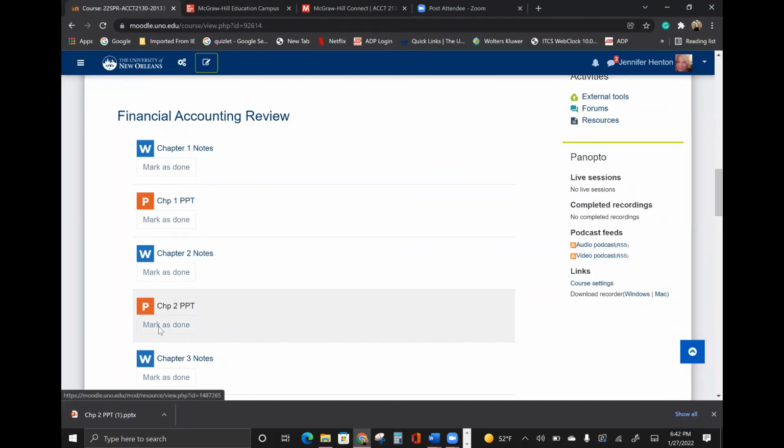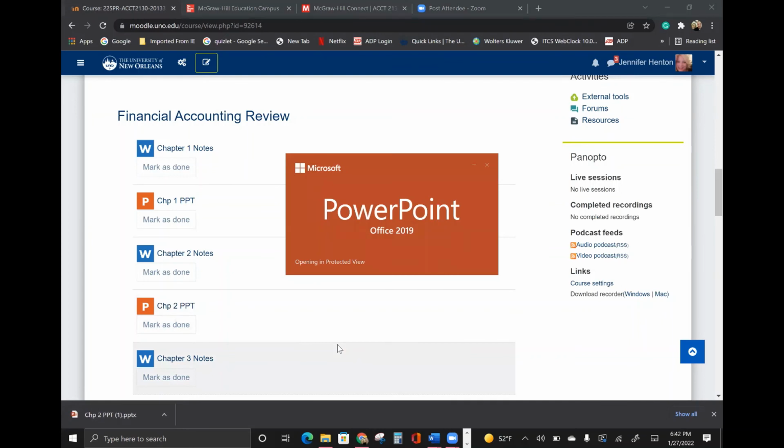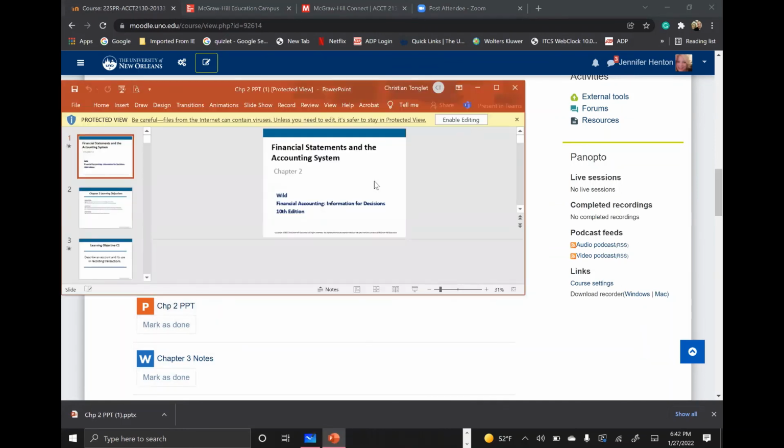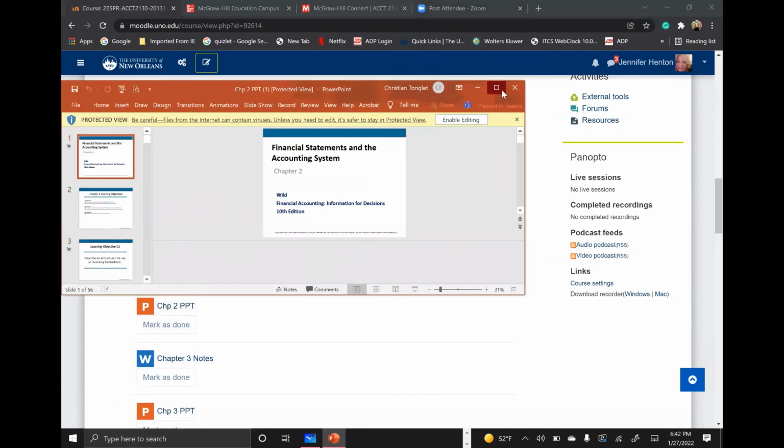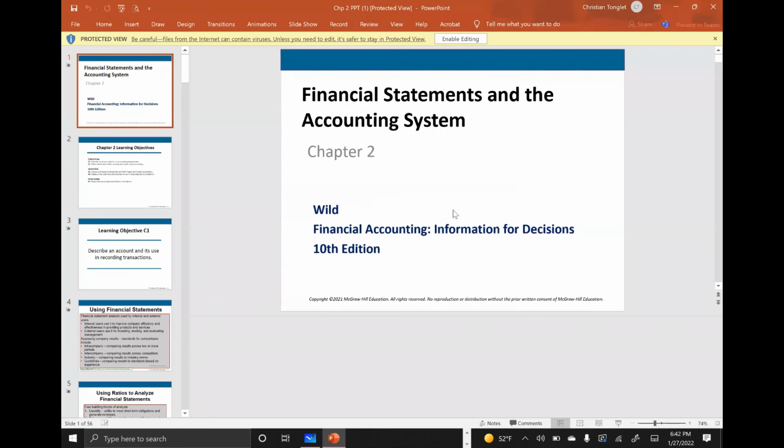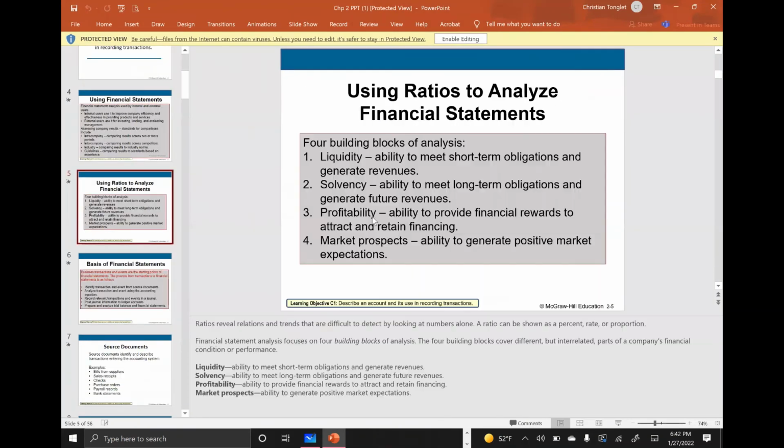If you really feel like you need to go back and read through some of those first things, the terms and stuff, the different types of organizations, that should all be in chapter 1. So here's the PowerPoint. You'll have access to the slide as well as the notes down here. So you won't have the narrated PowerPoint like you do for the book, but you do have all the notes at the bottom that you can read through if you're stuck on understanding a concept.